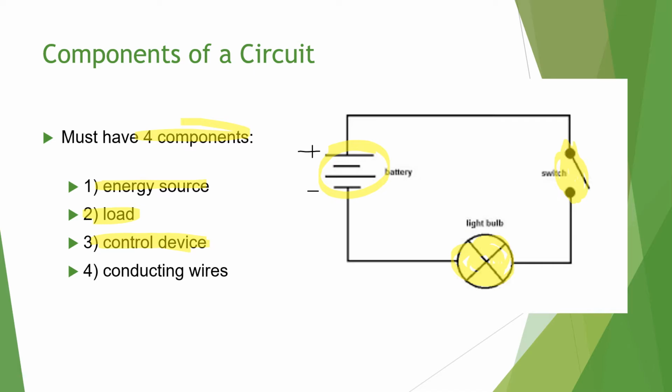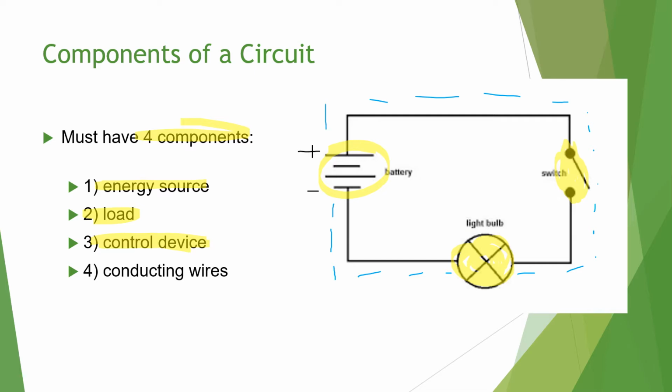When a switch is open, that means there's no power to the circuit. We've seen this in our past lessons: electrons are going to flow out of the negative terminal and then come back to the positive terminal.